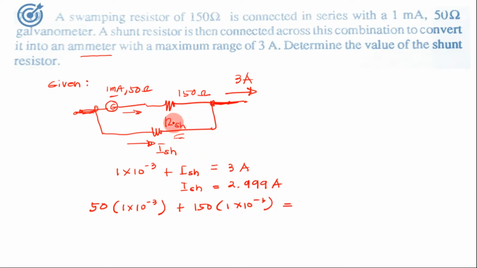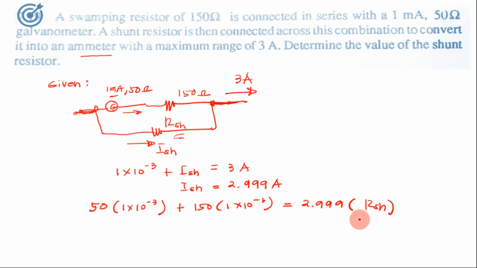That is equal to the voltage here, I shunt times R shunt. We have already solved for I shunt, the current here, which is 2.999. So we write 2.999 times R shunt.